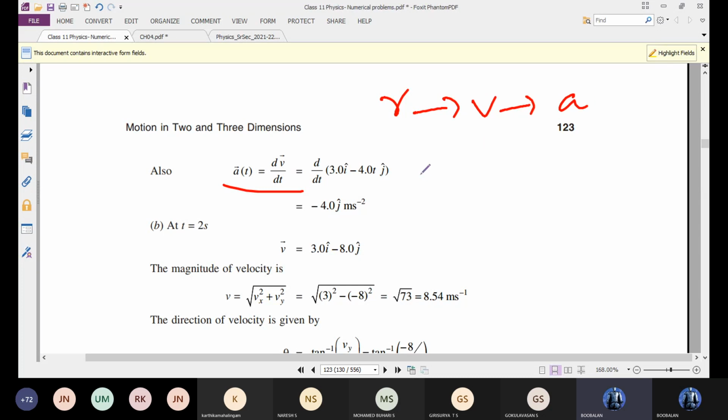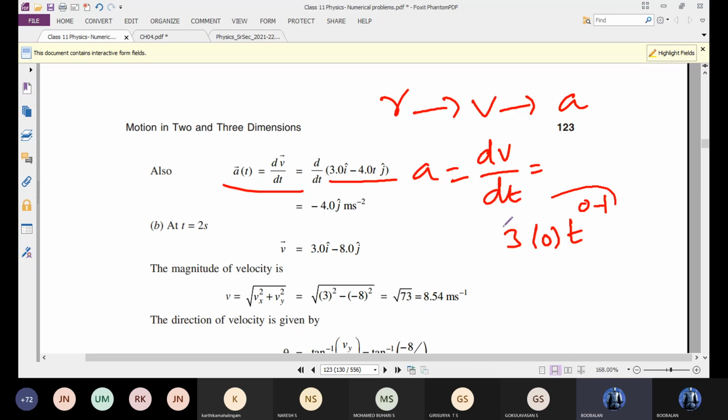The acceleration formula is A equal to dv by dt. The V formula we just discussed is 3 I cap minus 4t j cap. So 3 means t power 0, which becomes 0 on differentiation, so that entire term is 0.